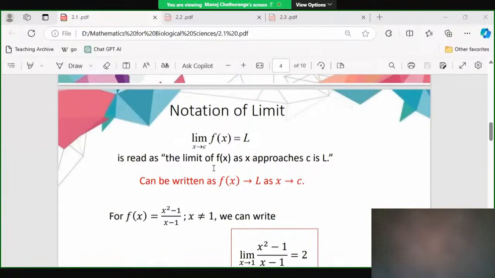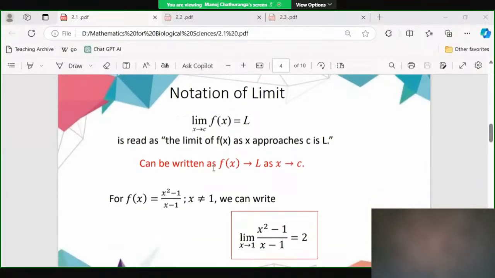So now we need a notation to show the fact that we are not setting x equal 1, but we are taking the limit as x goes to 1. So we write this as limit as x goes to 1 of the function value equals 2.